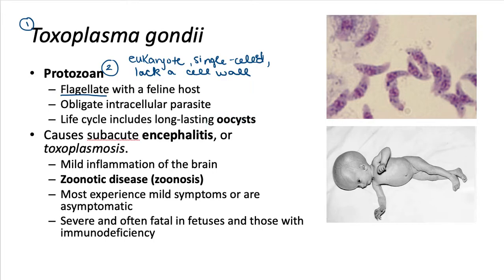The life cycle includes a dormant structure called an oocyst. It's similar to a fungal spore, but it's slightly different in structure. The oocyst can last for a long time in moist soils or litter box environments. The disease that is caused by Toxoplasma is a subacute encephalitis, which can be anywhere from mild to severe.